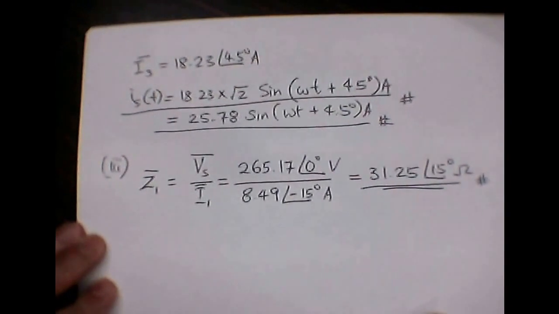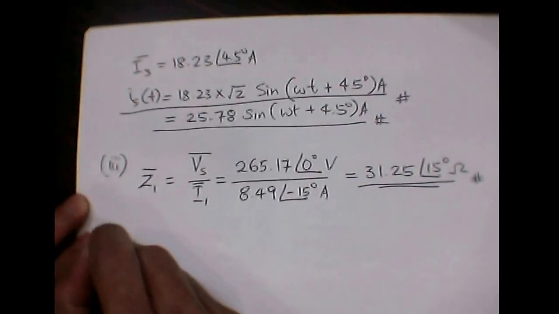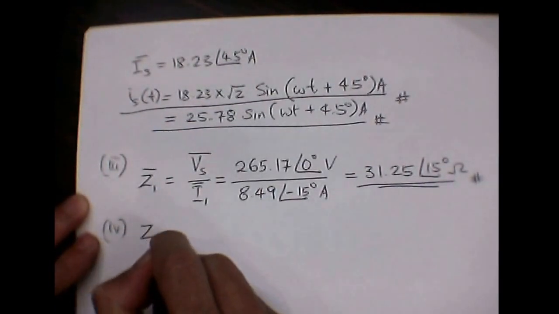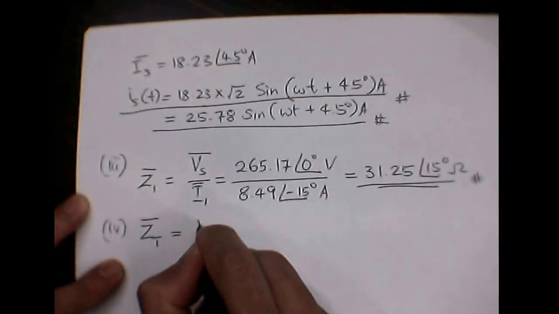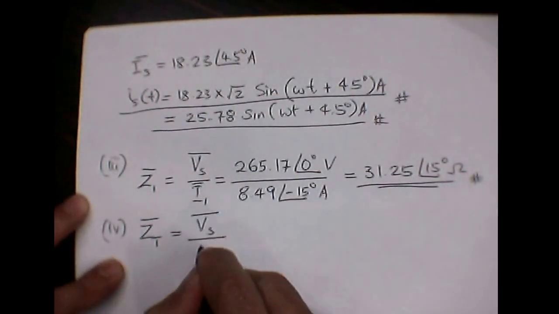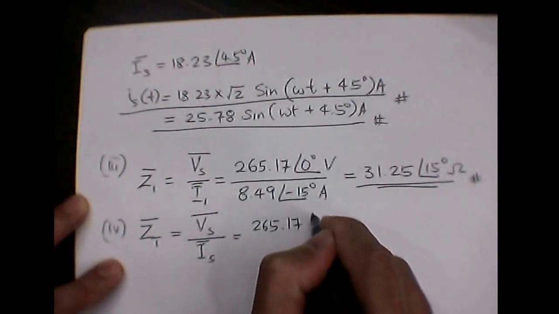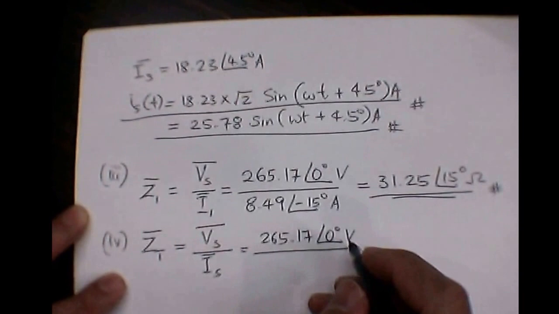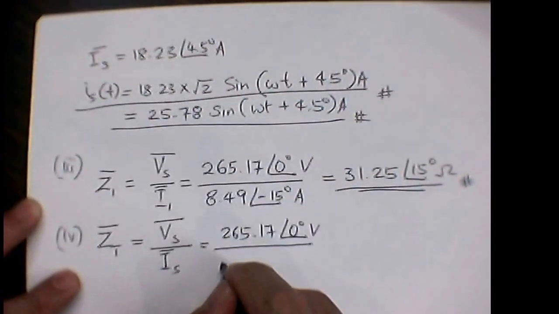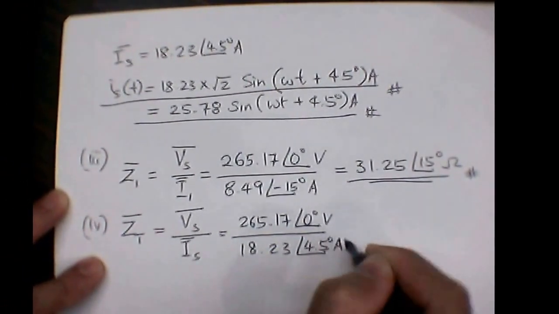Next, part 4, we need to determine whether the circuit is resistive, inductive, or capacitive. Now, to do that, we need to compute the total impedance. Total impedance ZT will be given by the applied voltage Vs and the total current Is, which is 265.17 at an angle of 0 volt, divided by the total current which we calculated earlier, 20.23 at an angle of 4.5 degree ampere.